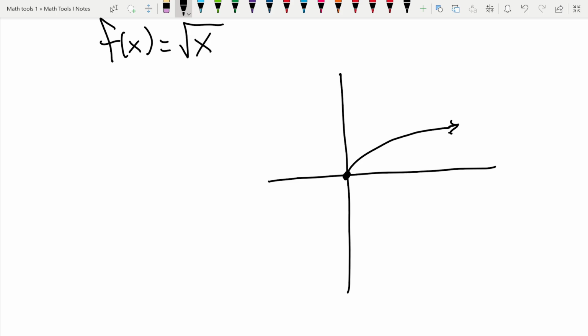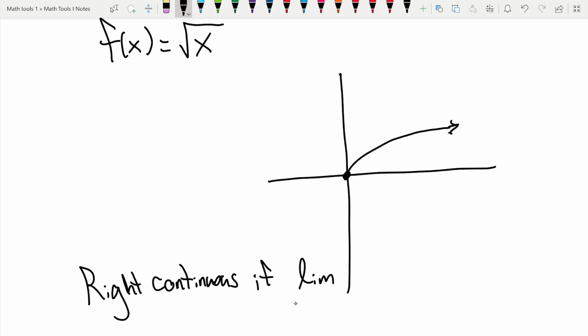Now, I do want to say, I don't know if I'll have a separate video on this, but we do have this notion of right continuity and left continuity, which is that we say something is right continuous if the limit as x approaches a from the right of f of x equals f of a.